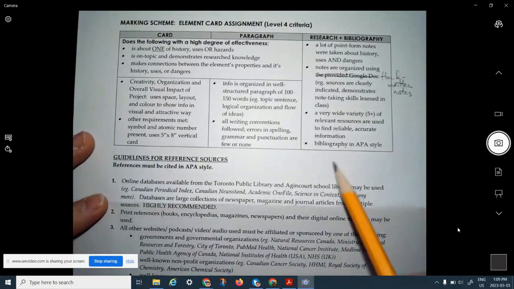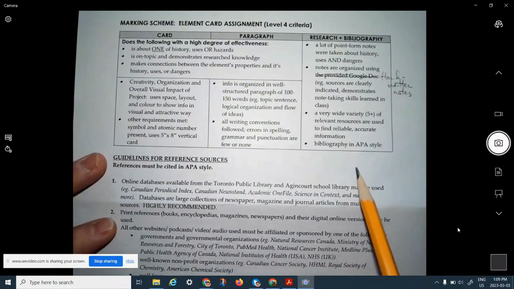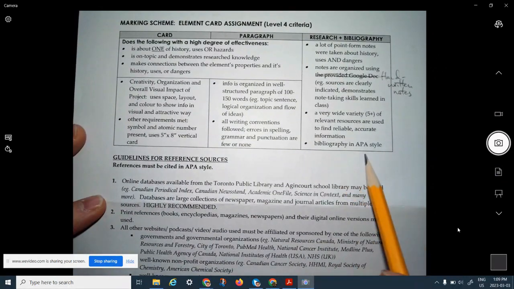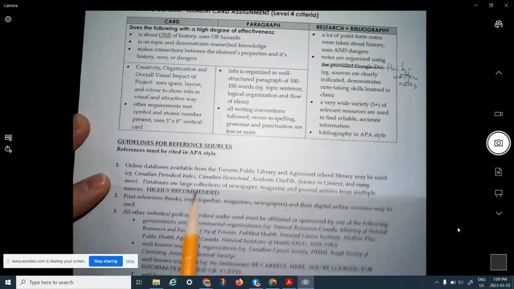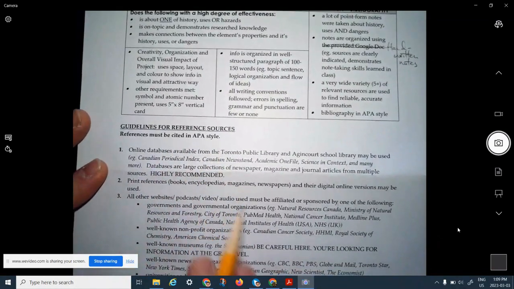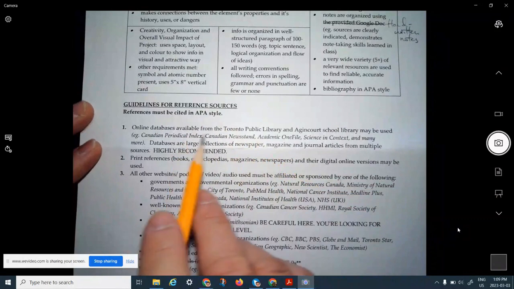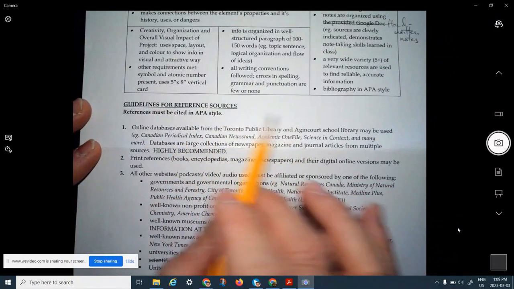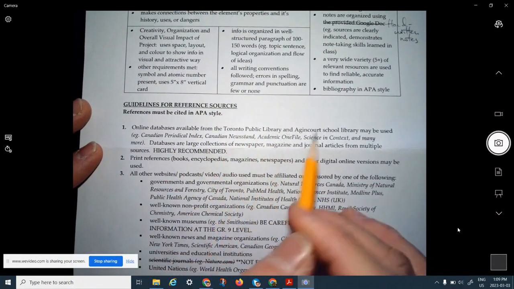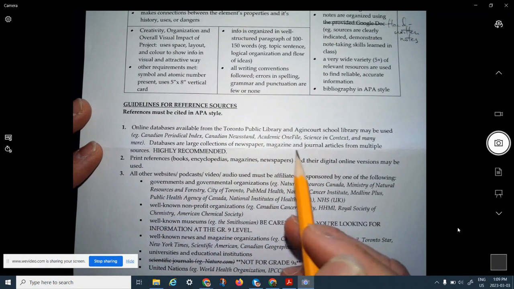I'm going to give you a site closer to the final product to help you. In terms of guidelines for references, we do have online databases available with the Toronto Public Library as well as the school library.